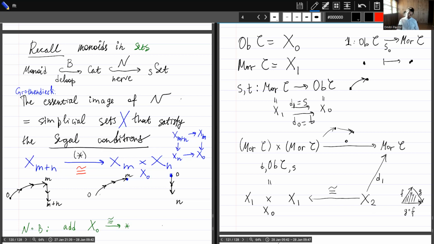So the composition map can be in general defined as the inverse of the Segal map here, followed by the first phase map. And it's not very difficult to show that the resulting composition is associative and unitary.